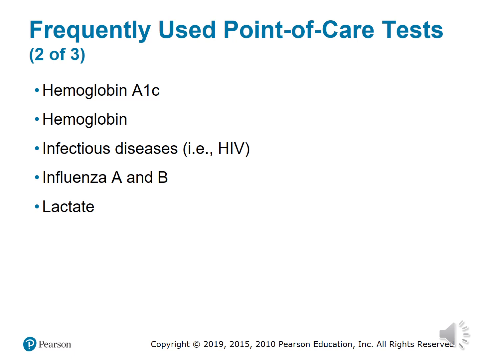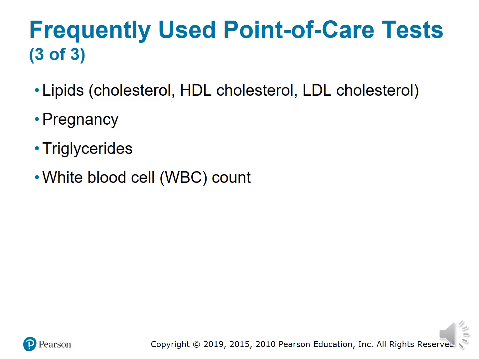We can check for infectious disease such as HIV, influenza A and B, and lactic acid. We can also test by point of care testing lipids such as cholesterol, HDL, LDL, triglycerides. Pregnancy, of course, is a point of care test. White blood cells can also be done by point of care testing.